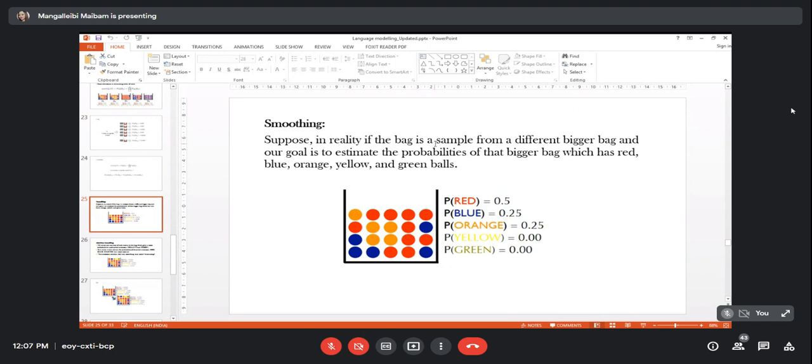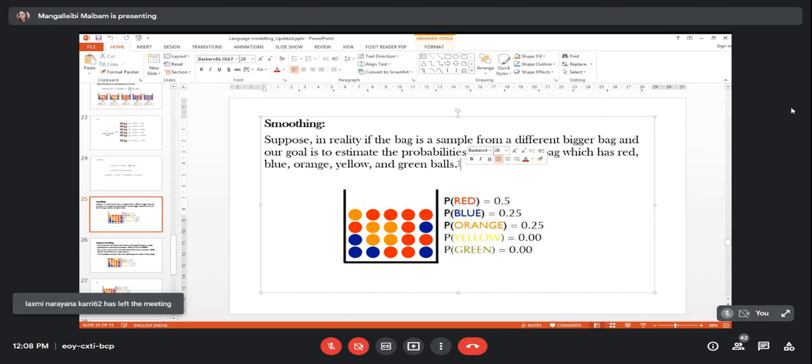If this bag is a sample from a bigger bag, then we may have chances to pick yellow and green balls also, because the bigger bag may contain different other colors, right? So we may have chances to pick up yellow and green balls. In that case, we use the technique of smoothing.